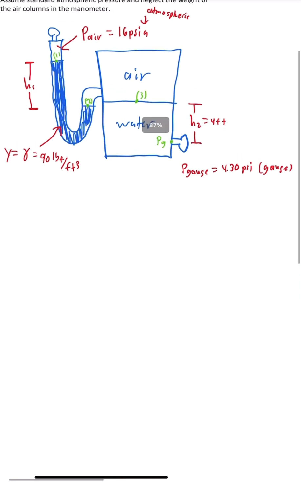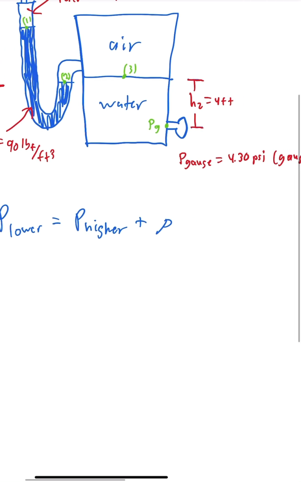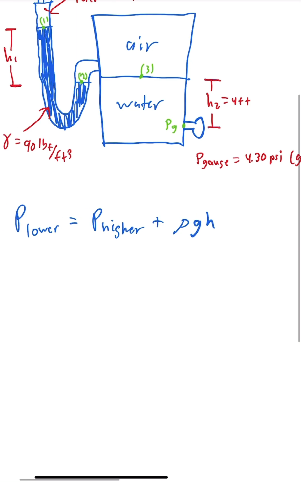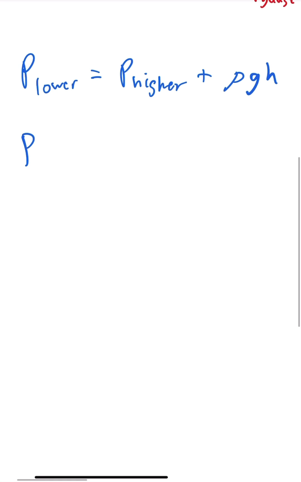So we're going to want to create our equations here. So we know that the general idea is the pressure of the lower point is equal to the pressure of the higher point plus the density of whatever's between them times gravity times the height between them. That is the basic equation we're going to use. So we know that P2 is equal to P1 plus rho of whatever the fluid is times g times the height between them.